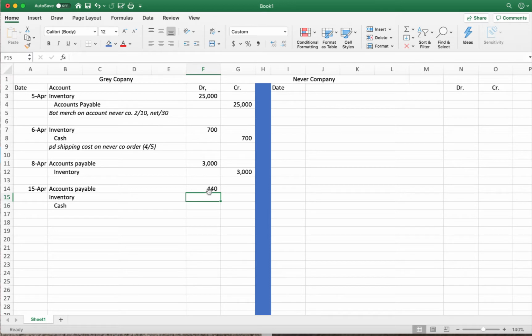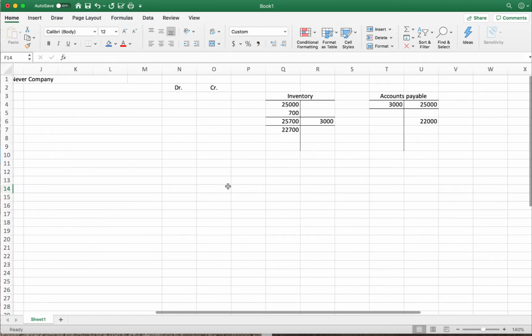Now, if you'll notice, I put that in the wrong spot, right? We need to decrease our inventory, not debit it, and I put that in the accounts payable line. So we need that in our inventory credit for $440. My accounts payable, I am paying that.